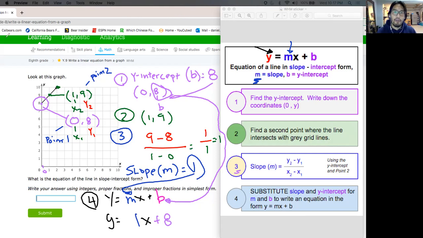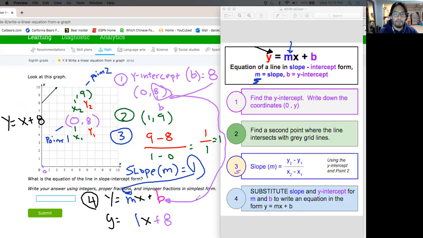Now, if we erase some of the stuff that we did right over here, you can see our line. So y equals x plus 8. That is the equation of our line. And notice, I didn't put the 1 in here.